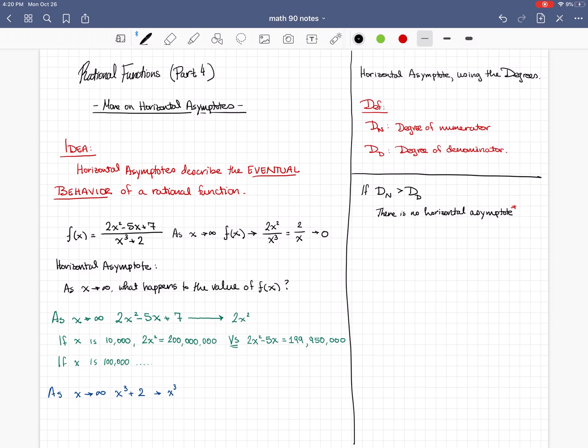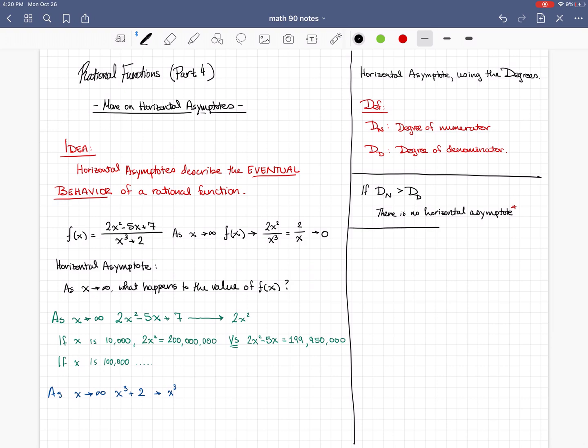Yes, if the degree of the numerator is greater than the degree of the denominator, there is no horizontal asymptote, meaning the graph will not stabilize down to a particular constant, but that doesn't mean there is no asymptote. That does not mean that there's no interesting thing to look at. It's just something that we don't look at a ton. We look at it a little bit, and we'll look at it in a future video.